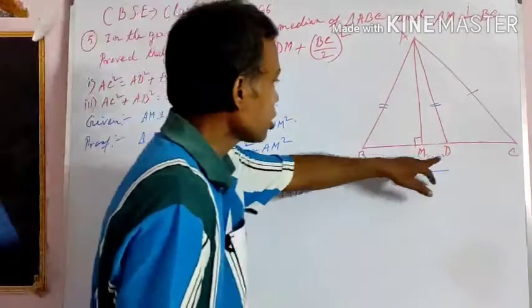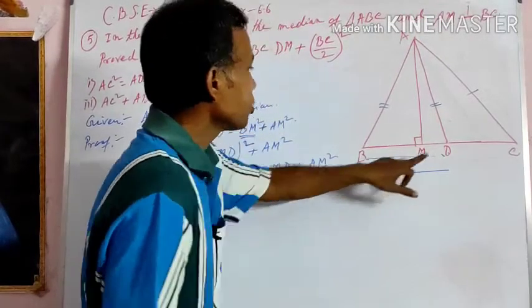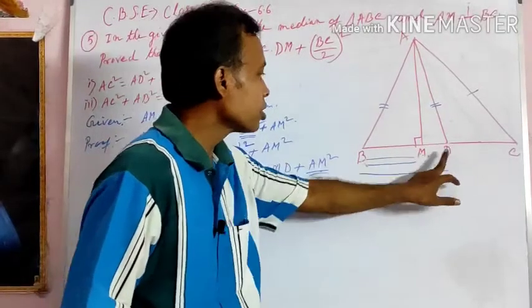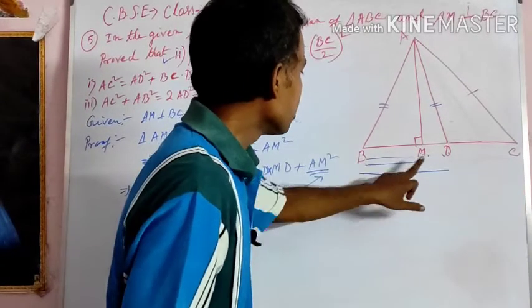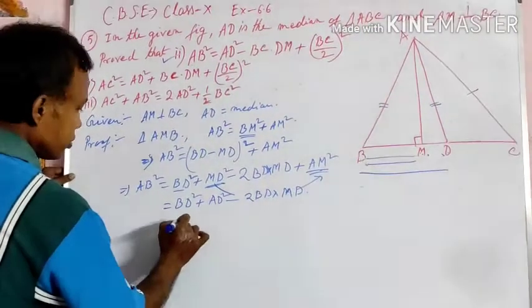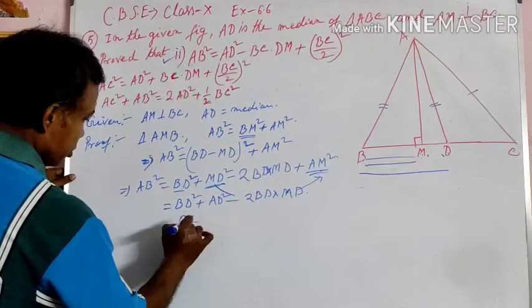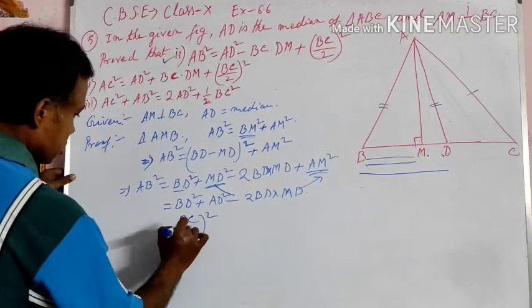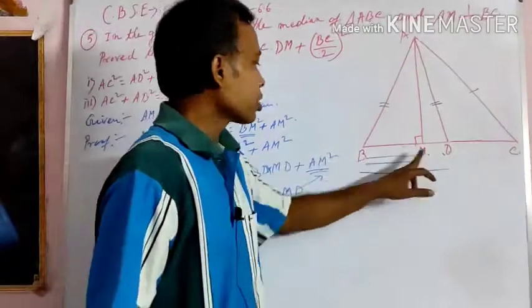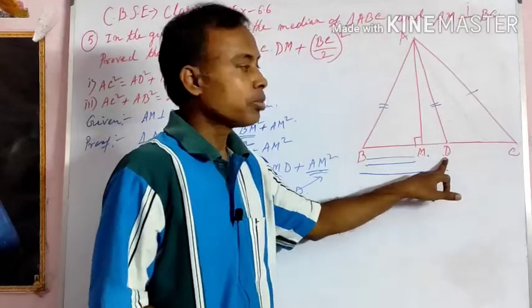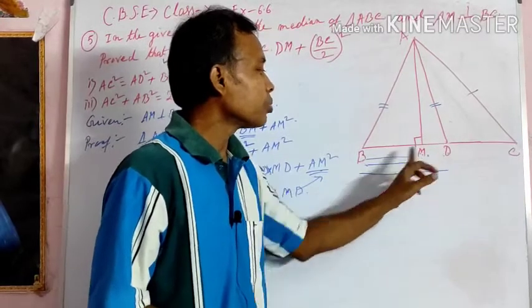This is your BD square. D is the midpoint of BC. Therefore DB is equal to BC by 2. DB is equal to BC by 2 because AD is the median, therefore D is the midpoint of BC.